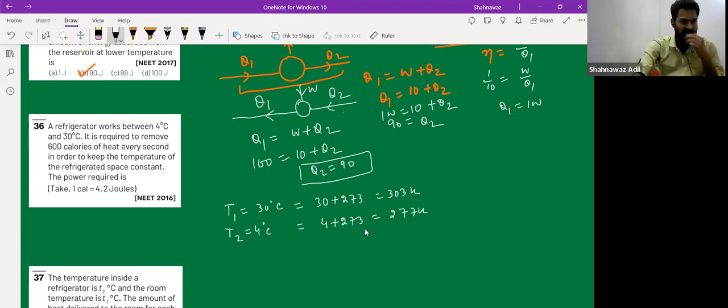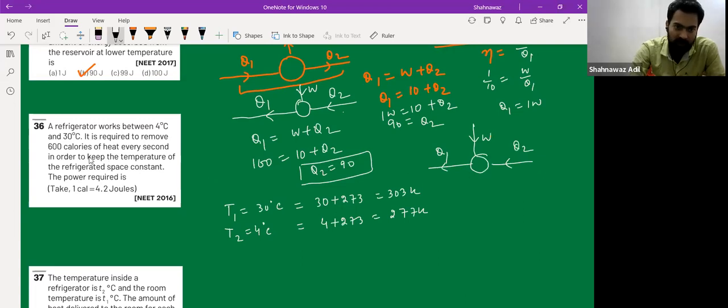Right, guys? It is required to remove 600 calories of heat every second. So this heat is removed from this sink, so Q2 is given, 600 calories.